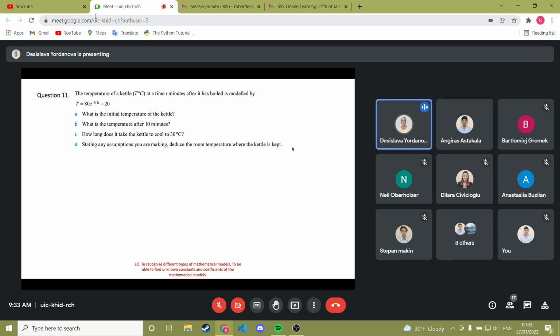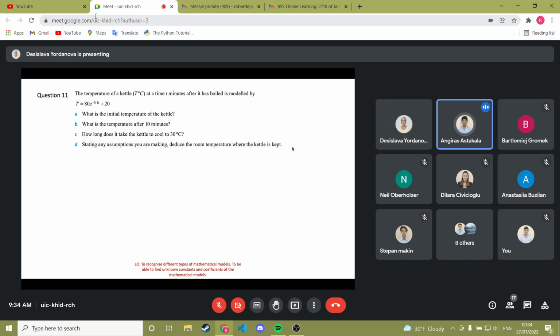You have to solve 80 e to the power of minus 0.1 t plus 20 equals 30. The best possible way here is to graph the function for t with the calculator, and then graph the line y equals 30 and find their intersection points, because that's what equations actually are.